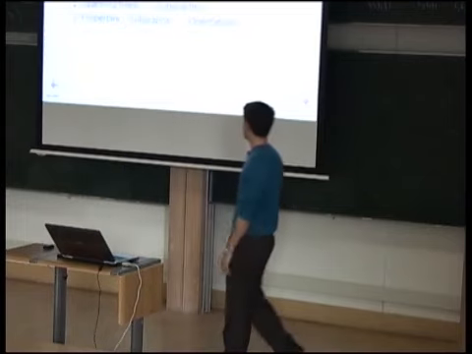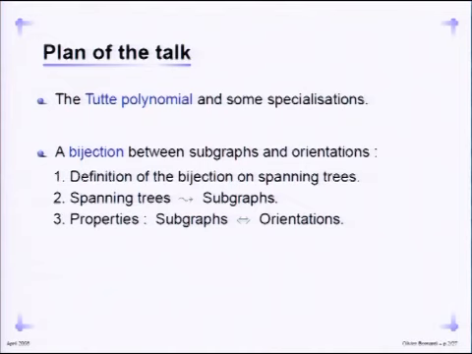I will first present some definitions and known results about the Tutte polynomial, and then we will define a bijection. And first we'll define this bijection on spanning trees, because this is where it is easy to define.